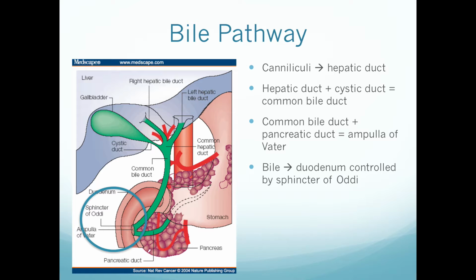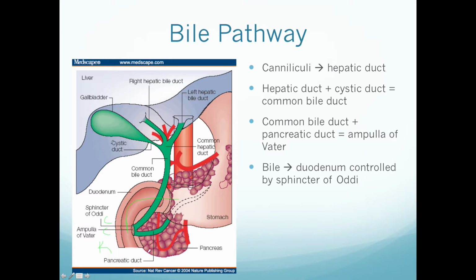So when the sphincter of Oddi is contracted, bile and pancreatic juices remain in here. When there is the release of products, so when food is going from the stomach into the duodenum, one of the breakdown products of proteins causes the release of something called CCK, cholecystokinin.